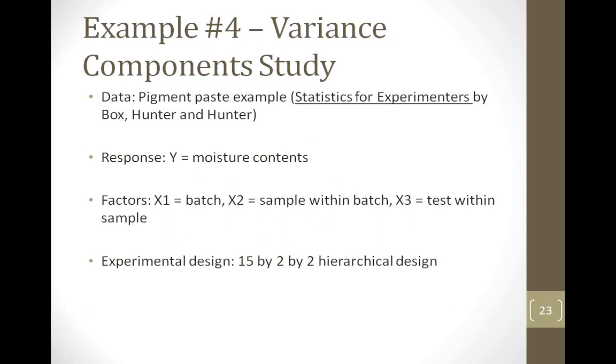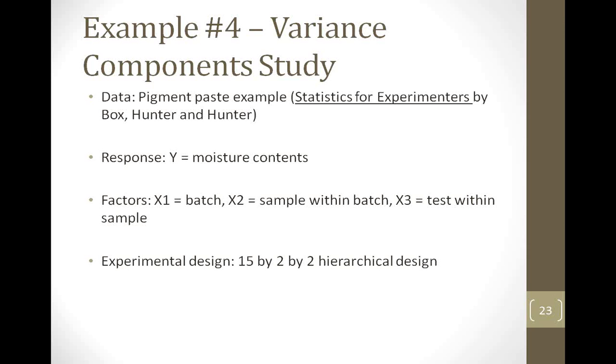Now, my fourth example will be a variance component study. Up until now, basically what I was interested in when I looked at the factors was what would happen to the response variable if I changed something, if I changed the sector, if I changed the level of body fat.